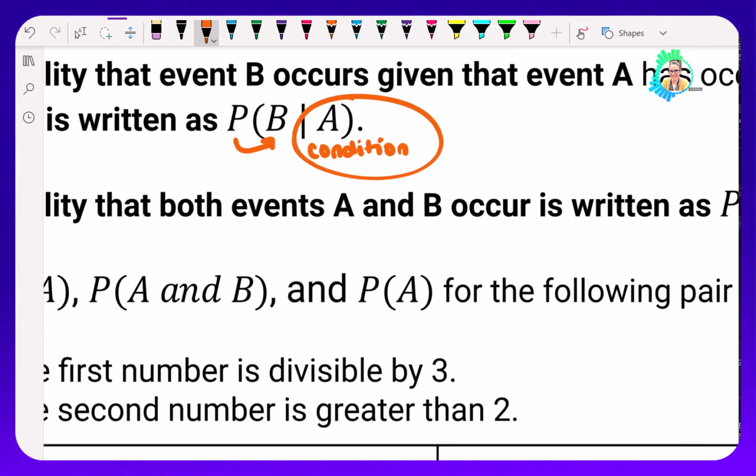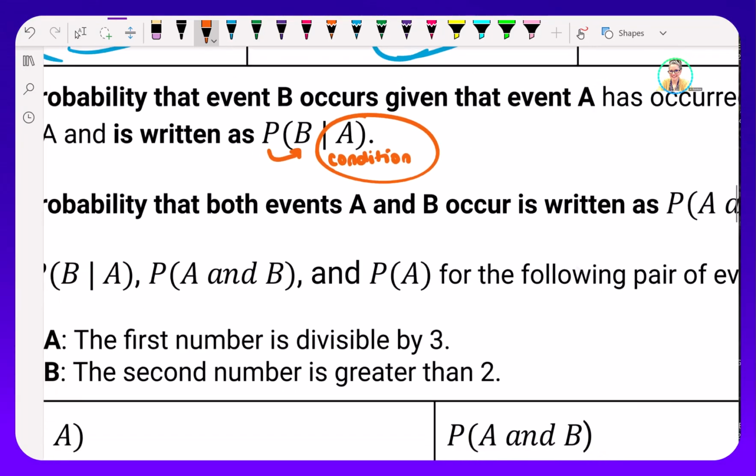It's really important that you read this notation in such a way that you're finding the probability of this first event given that A has already occurred. Whatever appears in that second part after the vertical line is called your condition.